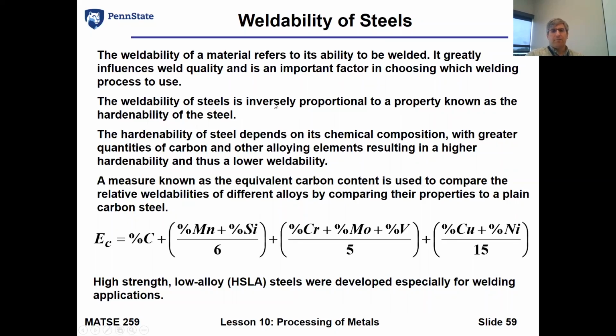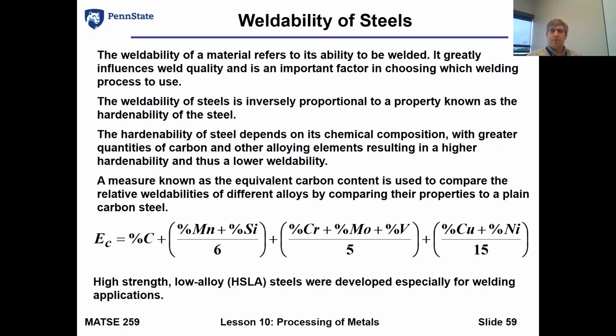So weldability, when we say it's inversely proportional to hardenability, we know what hardenability is. Hardenability is the ability to form martensite, which is brittle. It's strong but brittle. And in most welds, we want to make them tough, so that brittle nature is something that we sometimes want to avoid. So you don't see attempts to really maximize the amount of martensite in a weld metal.